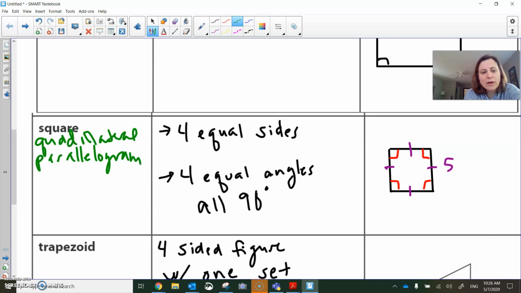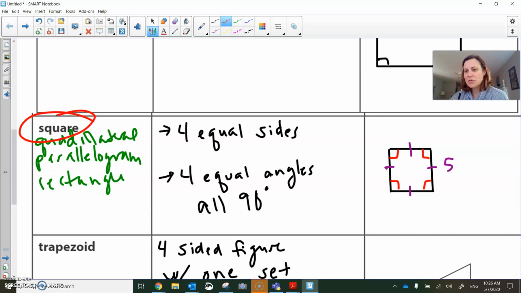You could call a square a rectangle because it has four 90-degree angles. But the best, most descriptive name for that shape happens to be square, because it tells you about the parallel parts, the lengths of the sides, and the angles, so it's the best name for it. But you could call it any of those other things.